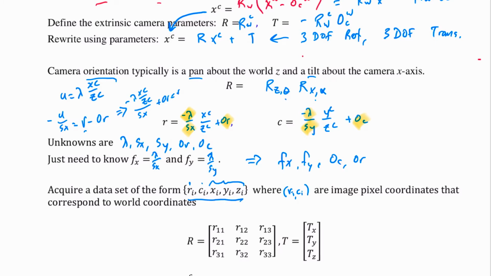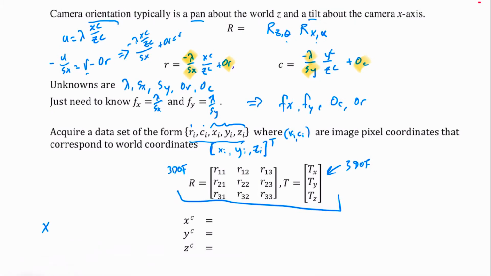Those are my image pixel coordinates, and those correspond to XI, YI, ZI, which are my world coordinates in the world frame. Now just to remember, this unknown that we have here, this R and the T, there's 3 DOFs here, but there's 9 values that correspond to just 3 degrees of freedom. And then our translation is 3 DOFs as well.